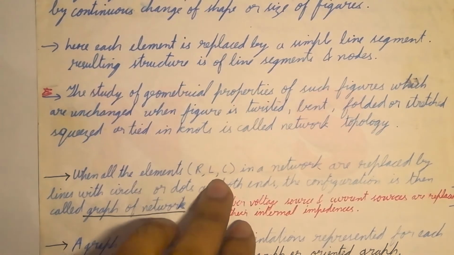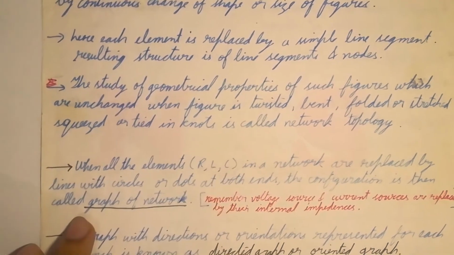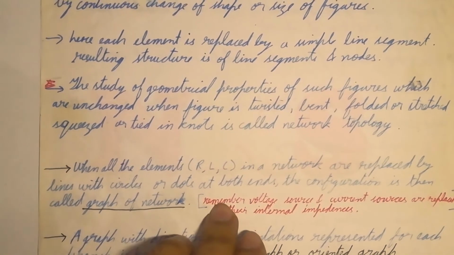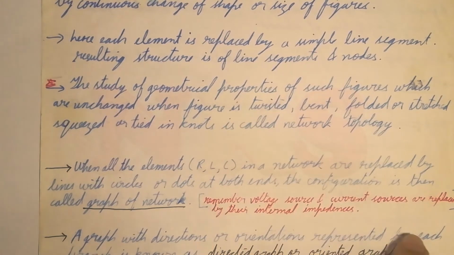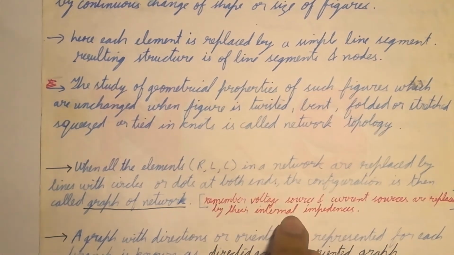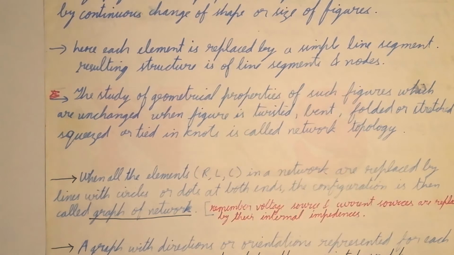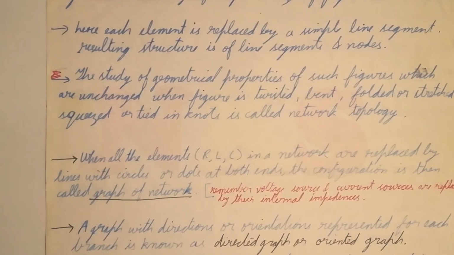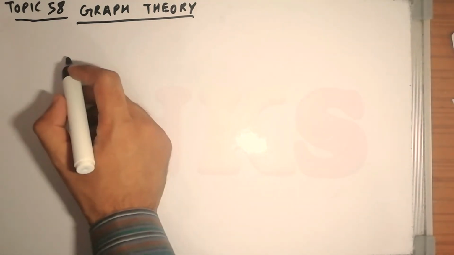And remember, the voltage sources and current sources are replaced by their internal impedances.